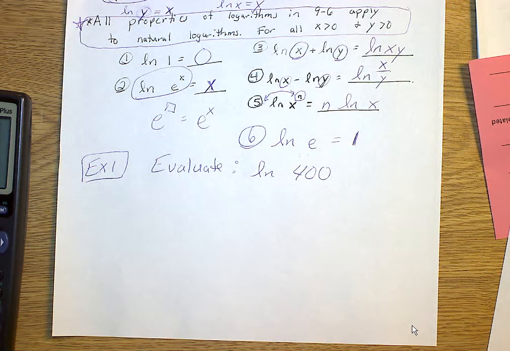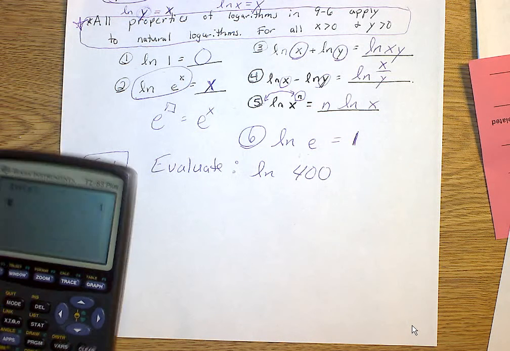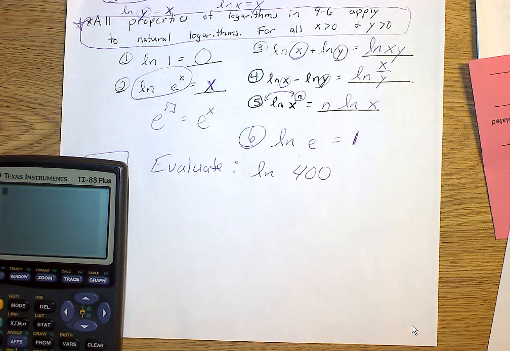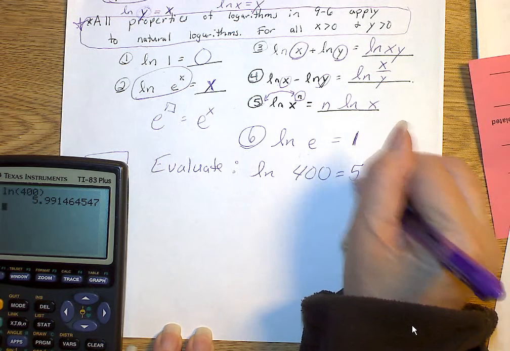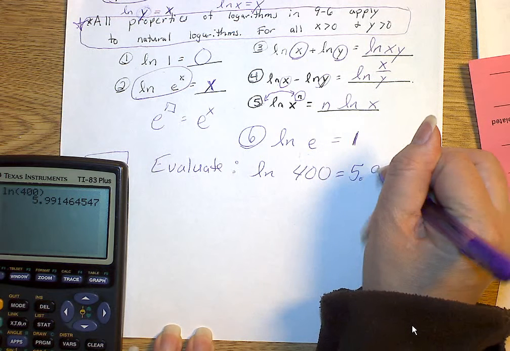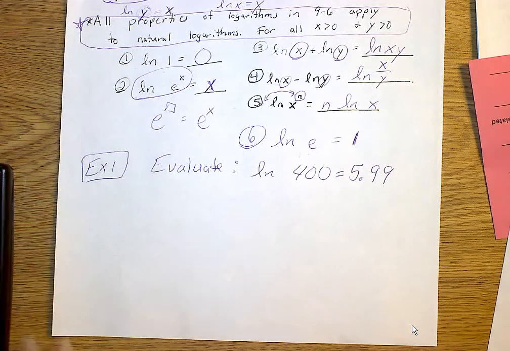To evaluate this, you would simply throw it into your calculator. Make sure you know how and what you get. You put in your calculator ln of 400, and you get 5.99. Very good.